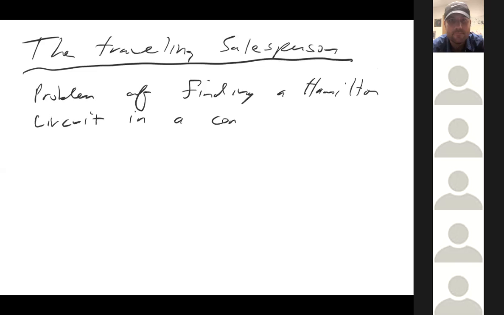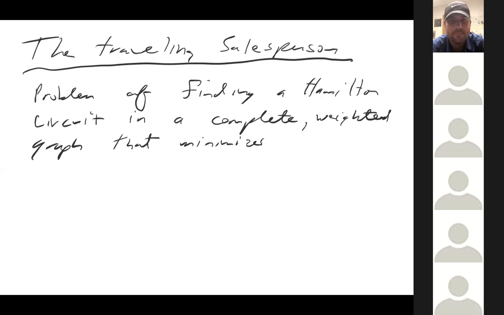So the graph has to be complete. Weighted graph. We just talked about what weighted is. That minimizes the sum of the edges traveled.